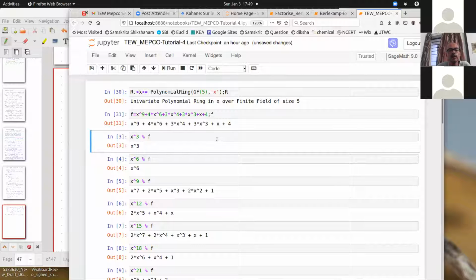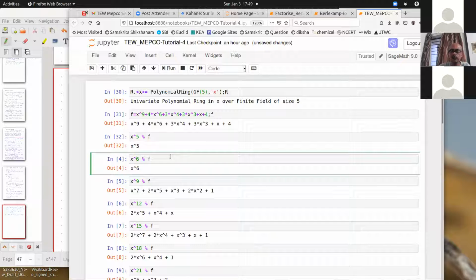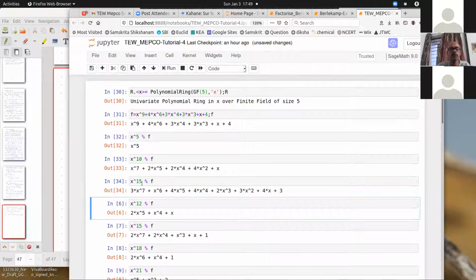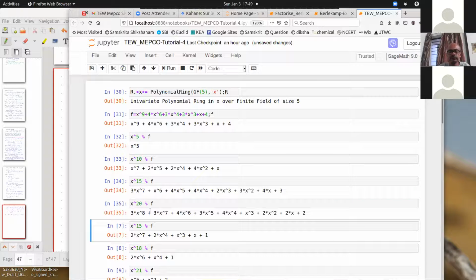So now we have to look at powers of 5. So x to the 5, that is obviously x to the 5. And then the next power is x to the 10, reducing it modulo f. Then x to the 15, x to the 20, 25.